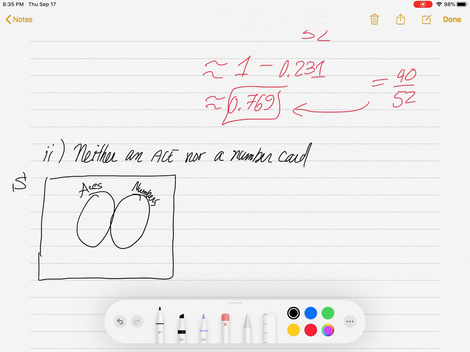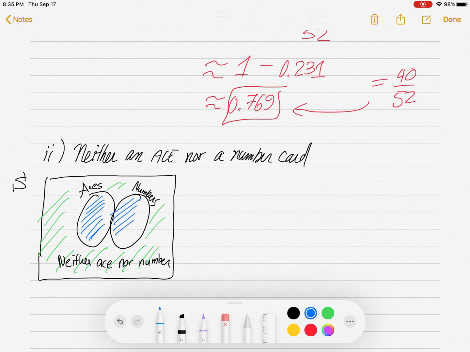So outside here, this green region would be neither aces nor numbers, neither ace nor number, outside in green. In the blue here, the blue would be the aces or the numbers, right?